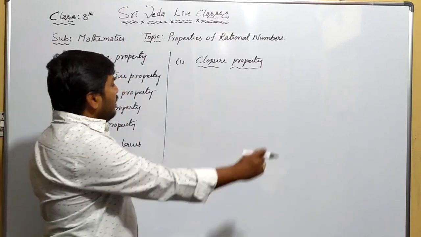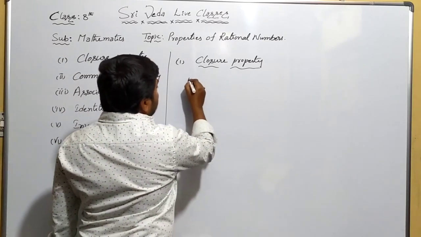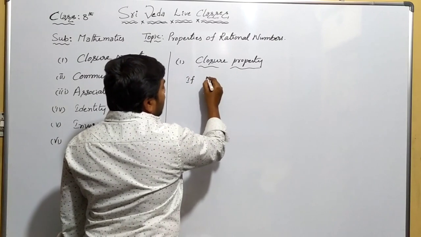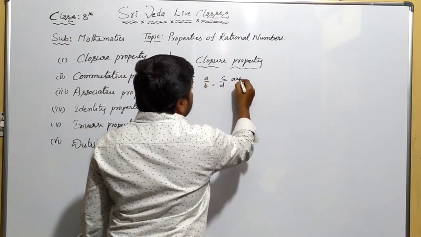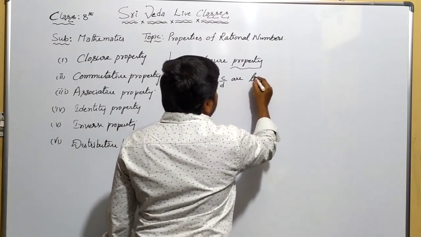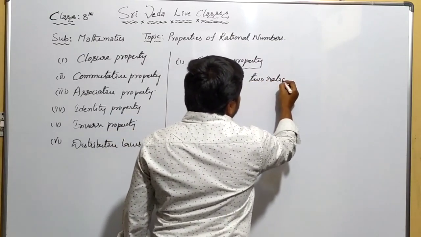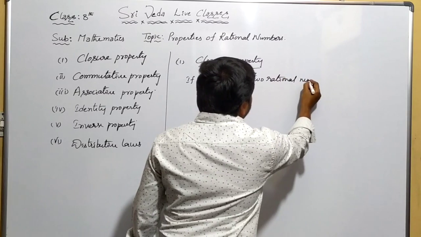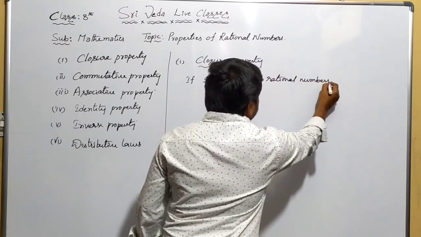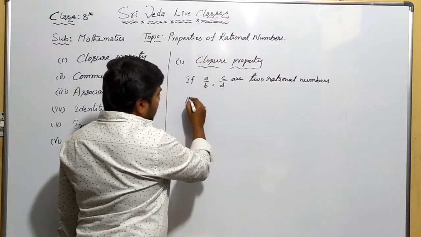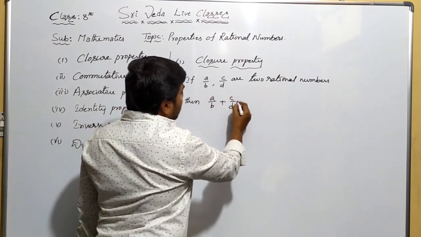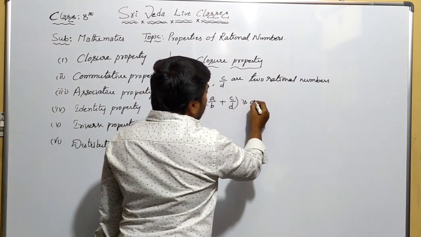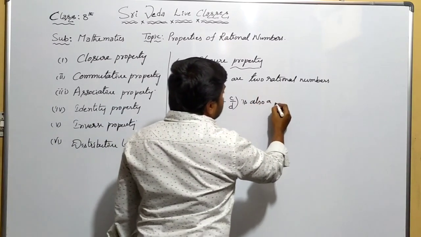For example, if A by B and C by D are two rational numbers, then A by B plus C by D is also a rational number.